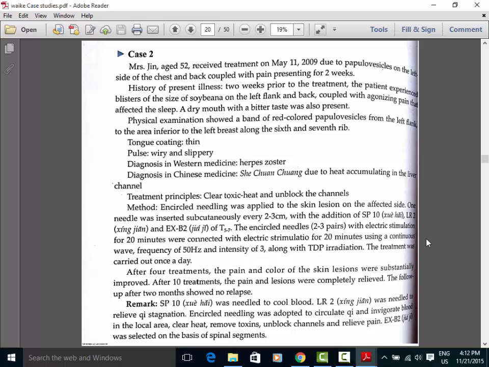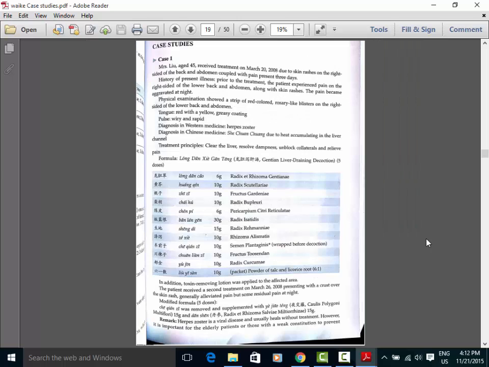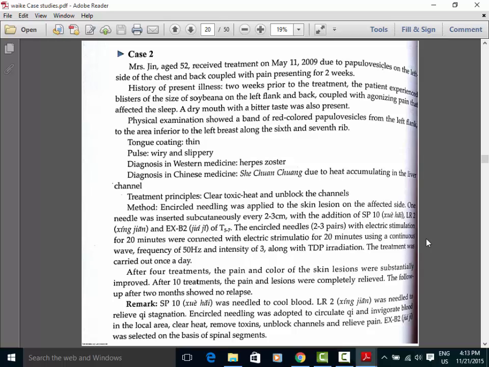There is heat, and there's liver involvement. It's not that different, but maybe less gallbladder channel involvement. I don't know if they even gave us points for that last one, did they? They just gave herbs in the last one. They did not do points.